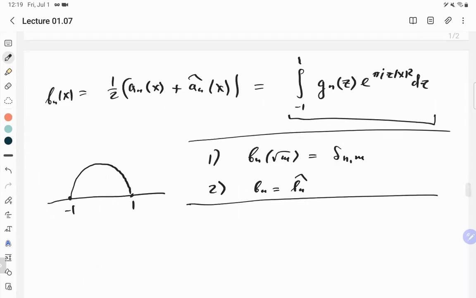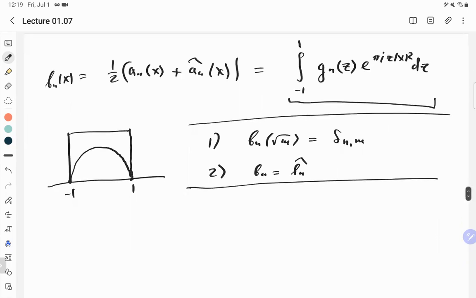For this guess function Gn, first of all, I want it to be holomorphic so that the path of integration doesn't really matter. It will be convenient to have two paths: one is the semicircle and the other is a rectangular path. One of them we'll use to prove this thing; for the delta function property, we'll use the square.